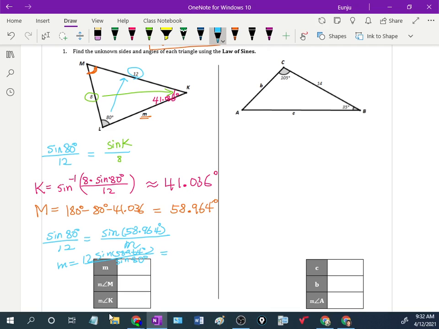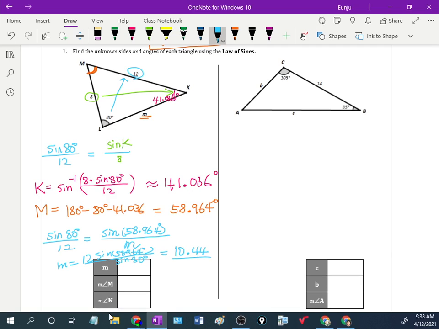Sine 89.634 degrees times 12, multiply and then divide by the other ratio, sine 80, and then we have the number 10.44.